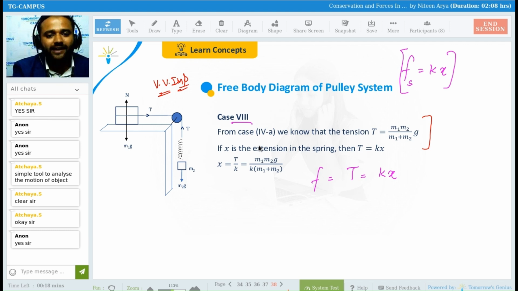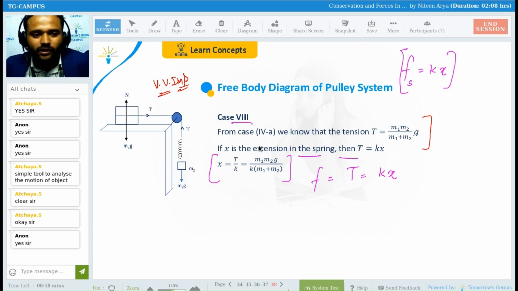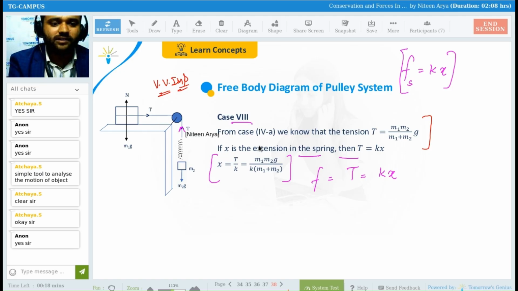So X is the extension in the spring, and tension by K is that. This simple thing you need to understand. Tension in this system is M1 M2 G divided by M1 plus M2. And if you want to know how we get it, I can tell you also.